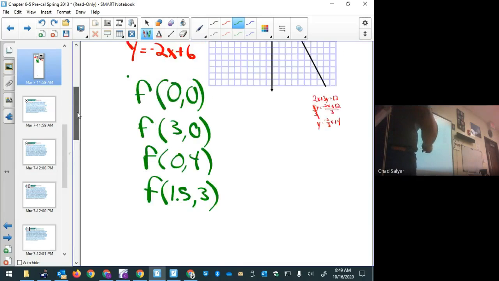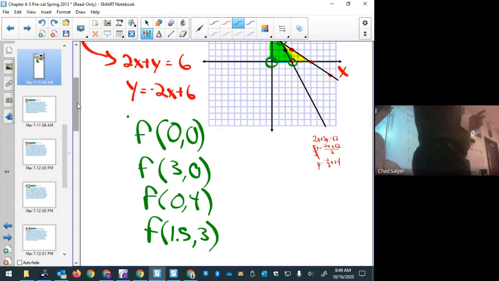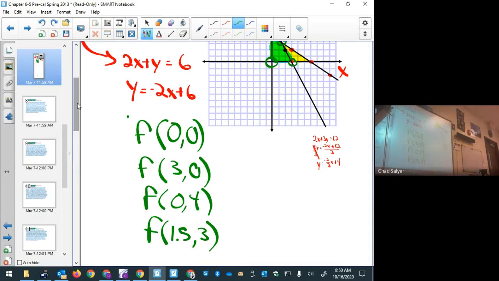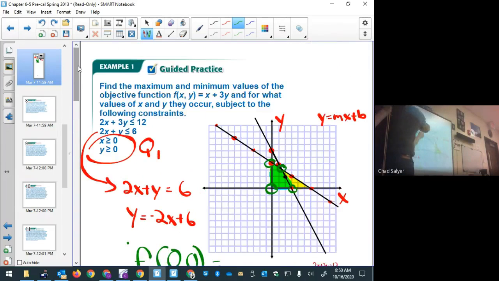Okay, so what we've done is graph all the constraints, find the area that represents our solution, and then pick the vertices from that area. That makes sense to everybody? Vertices of the solution area is where I got these numbers. Now I'm going to plug these into this objective function. So this is also part of the problem.